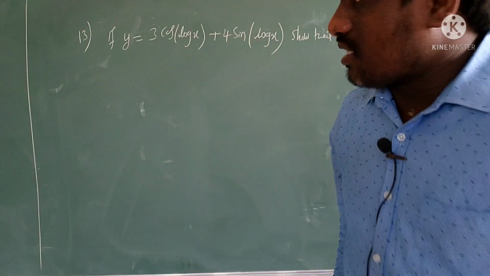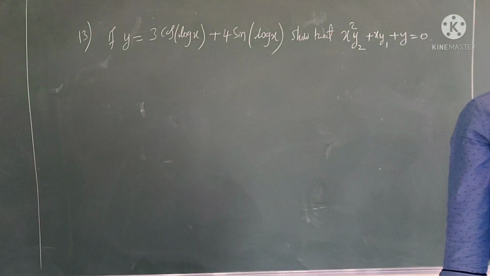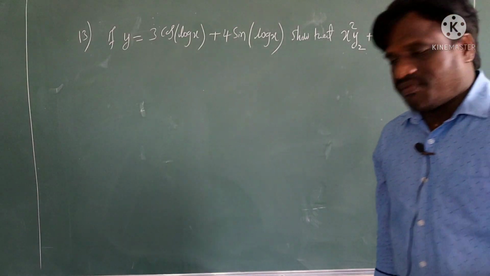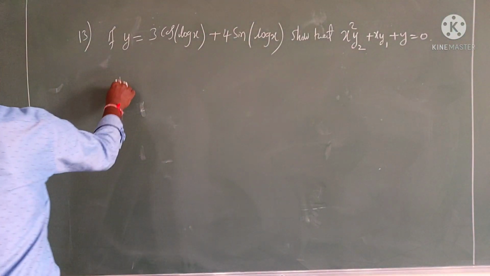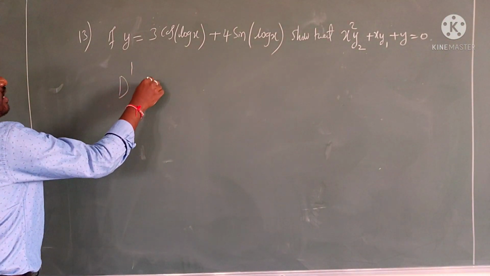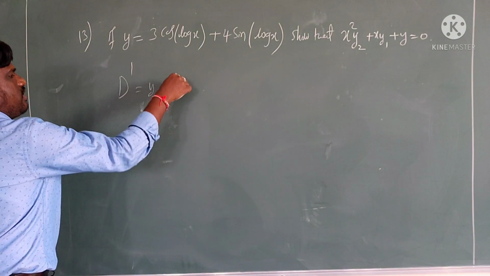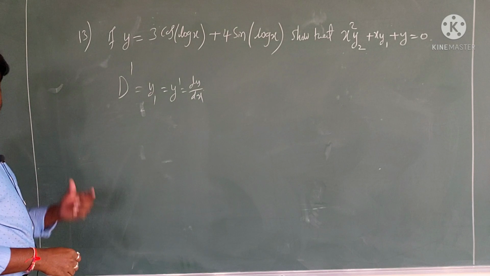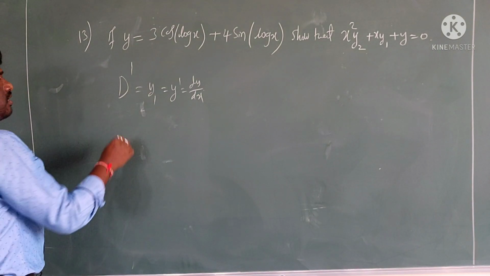So question number 13 in the exercise. If y is equal to 3 cos of log x plus 4 sin of log x, then show that x squared y2 plus x y1 plus y equals 0. I informed you that whenever you have y1, y dash, or dy by dx, this is nothing but the first order derivative.